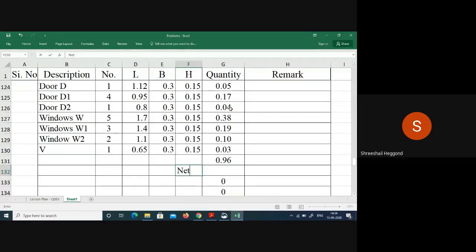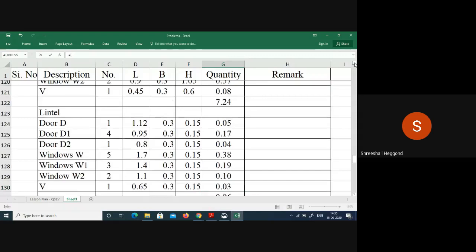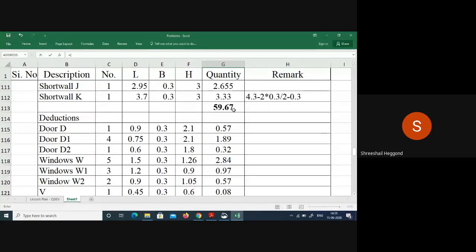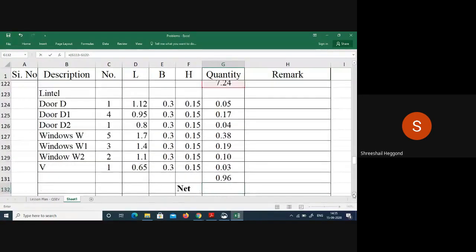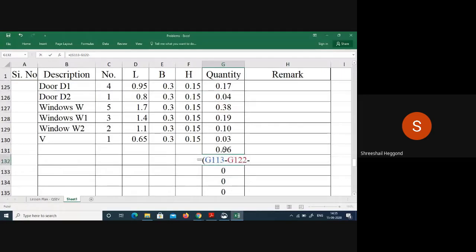So net quantity of brickwork will be 59.67 minus 7.24 minus 0.96, that is 51.48.